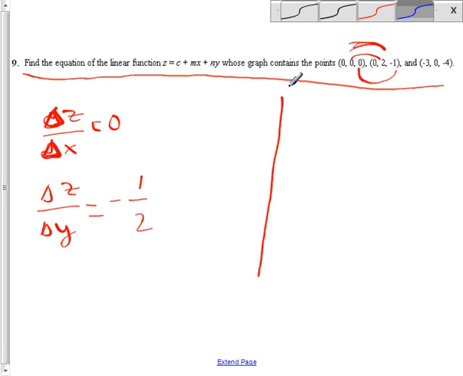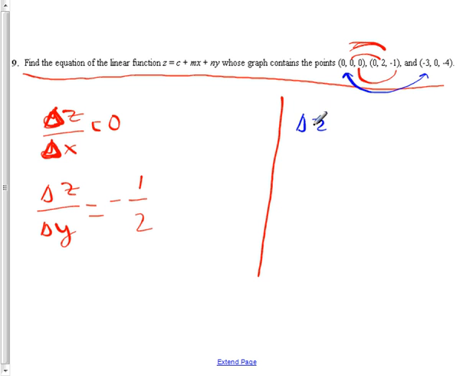Now we need to find two points where my z value doesn't change. So let's use the first and the third point. In this case, the change in z over change in y doesn't exist, so my y value is fixed.